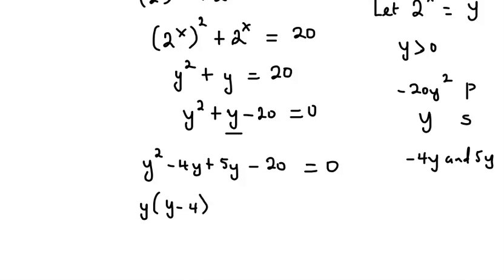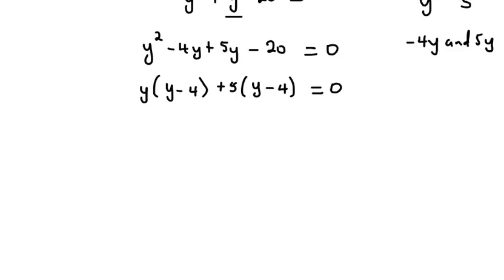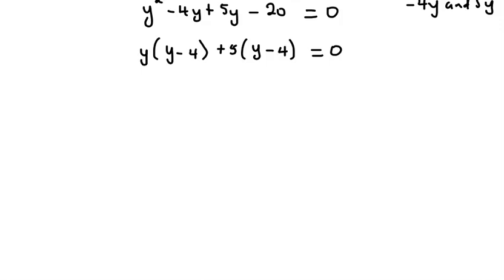And here we can factor out positive 5. We get y minus 4 as well. And this is equal to 0. Now y minus 4 is common and we're left with y plus 5, equal to 0.